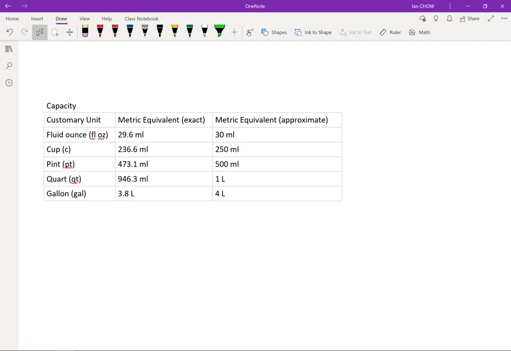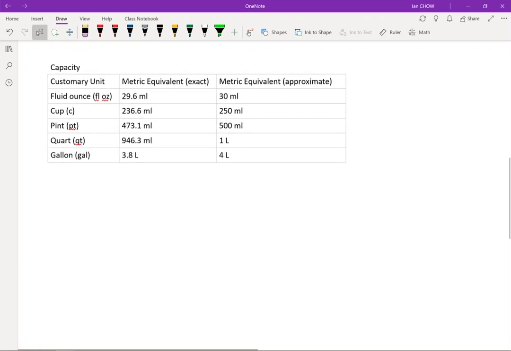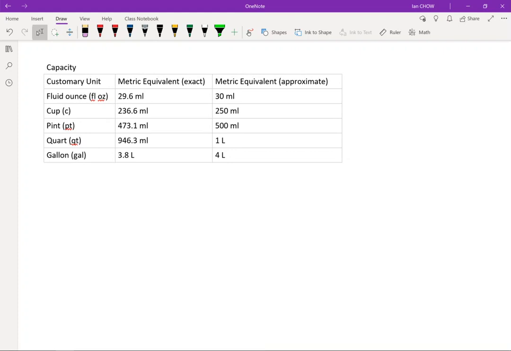This is more to do with science. For example, if you have 1 fluid ounce of water compared to 1 fluid ounce of solid gold, which one is going to be heavier? Well, they're both the same capacity.